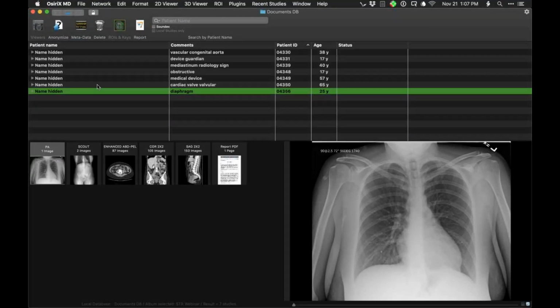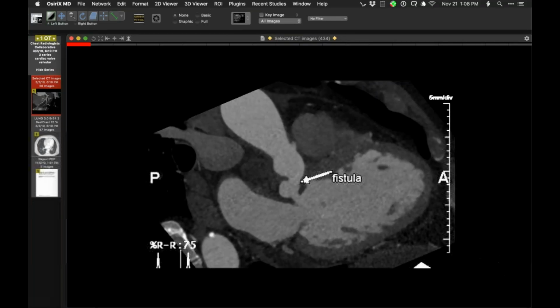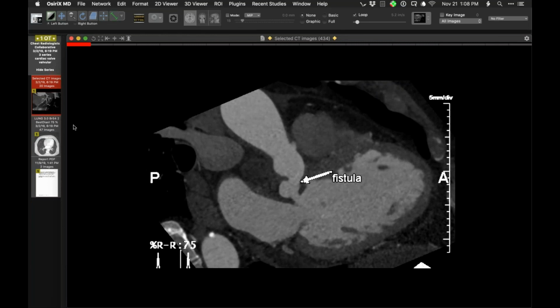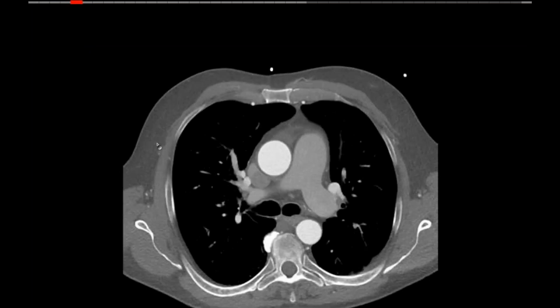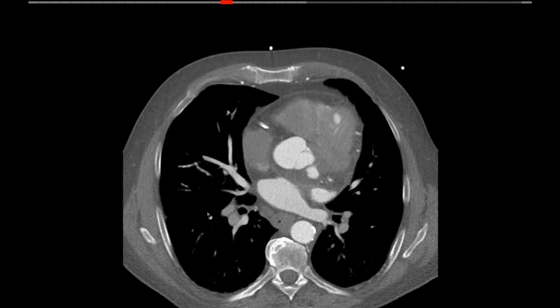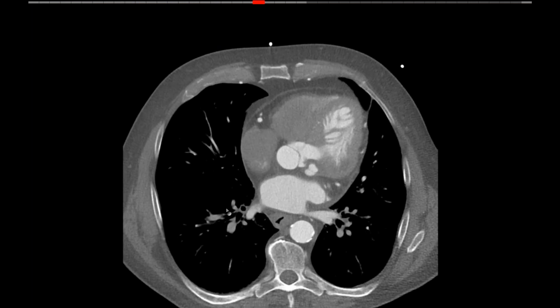All right, let me show you this cardiac case. This is a case of a person that presented with a whole clinical picture of sepsis and ultimately diagnosed with endocarditis. And I will show you the endocarditis involving the aortic root.